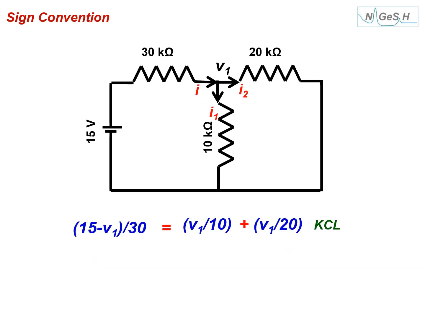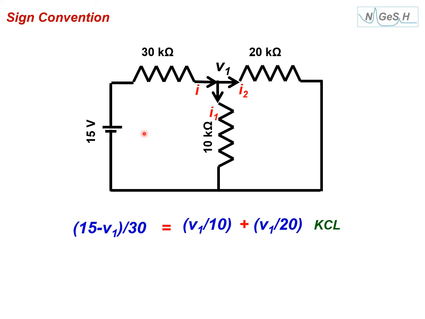Now, why should I take 15 minus V1? Some students will ask why 15 minus V1, why not V1 minus 15 here? That basically depends on the assumption that I made for the direction of the current here. In this circuit, maybe it is obvious that current is flowing like that, but sometimes it may not be obvious.